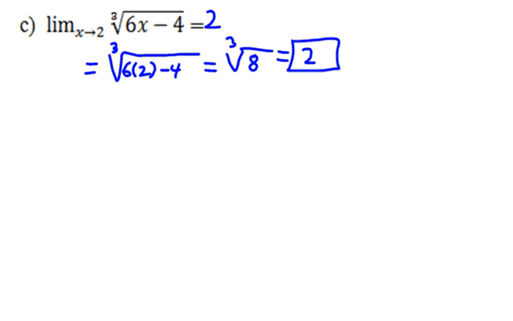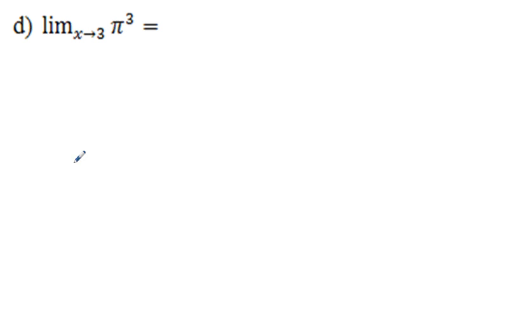Okay. Next, D. The limit as x approaches 3 of pi cubed. Well, there is no x to plug in here, and so what we essentially have is a function y, or f of x, equals pi cubed, which I think worked out in the calculator is 31 point something.